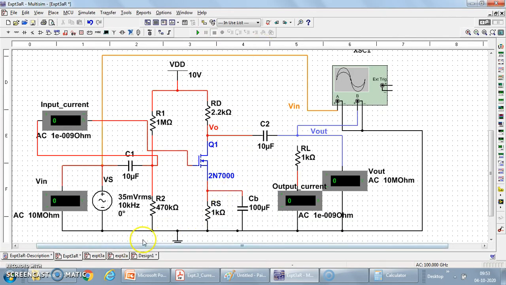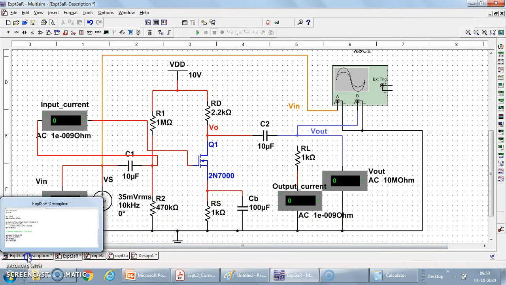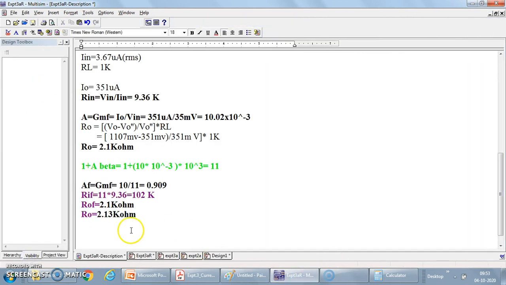I will make a note of this in the bandwidth. So without feedback, its value is 1.06 megahertz.